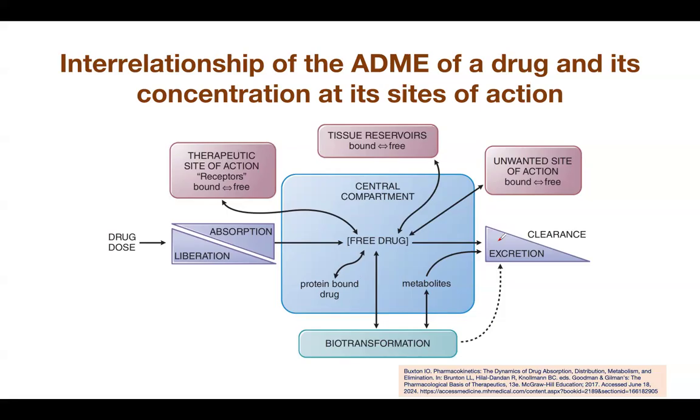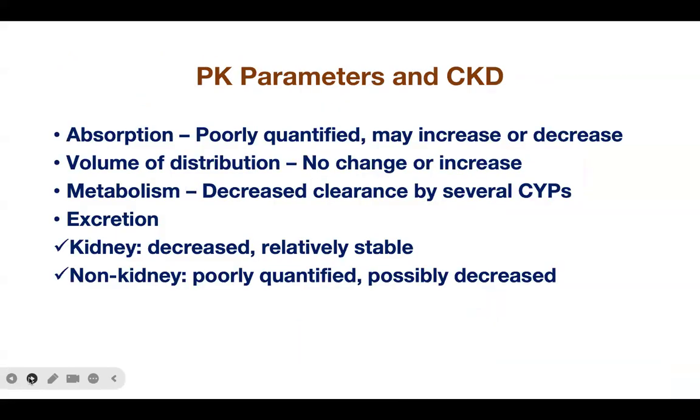Even in metabolism, there are some changes in chronic kidney disease. Absorption is generally not well quantified; sometimes it increases or decreases. Volume of distribution generally has no change, but sometimes it increases.